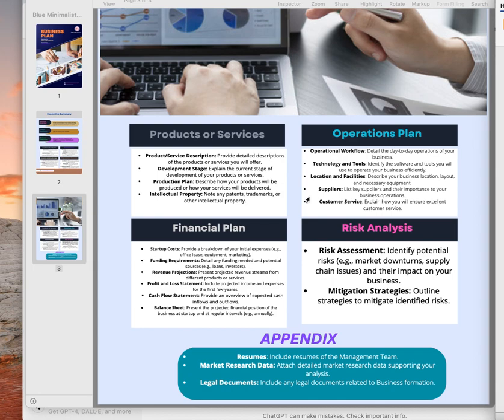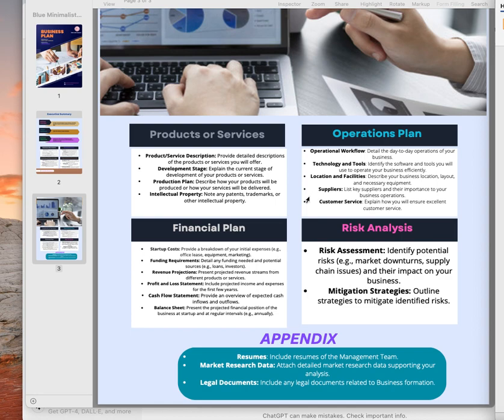Then next section is financial plan. So you can draw up your financial plans starting with the costs, provide a breakdown of your initial expenses, for example office lease, equipment, marketing, etc. Then funding requirements, detail any funding needed and potential sources. Example is loans, investors. Then next is revenue. So you can present projected revenue streams from different products or services.